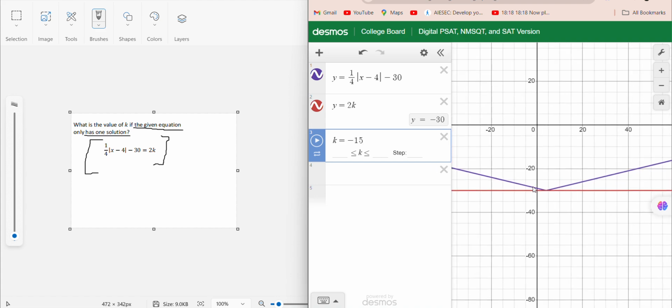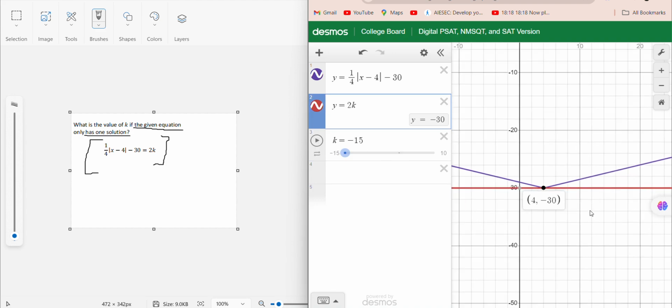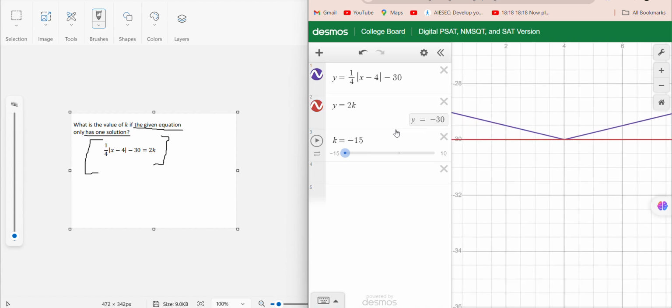When k equals minus 12, not yet. When k equals minus 13, not yet. So when k equals minus 15, we have only one solution. So our required value of k to have only one solution is minus 15. Using this technique of the slider value for k, we can easily find that k equals minus 15. For this type of problem, we can rely on Desmos easily.